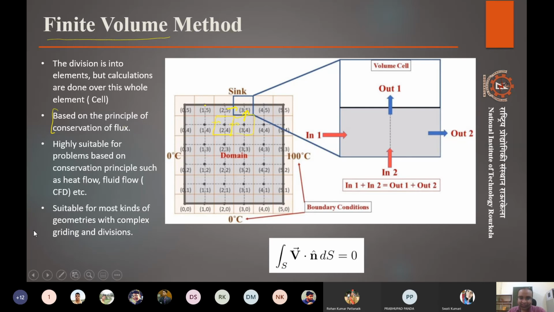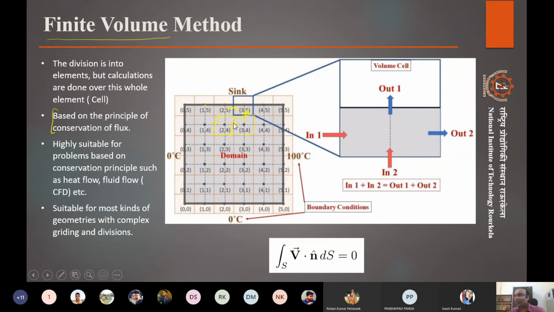This becomes easy and more intuitive when we do the programming for this, because the programming for the finite volume method is very, very simple compared to the finite element method. It is very apparent why, because we are just focusing on blocks and their edges.